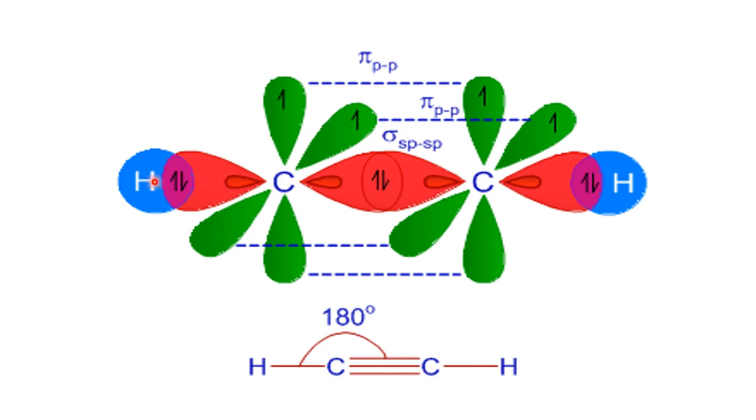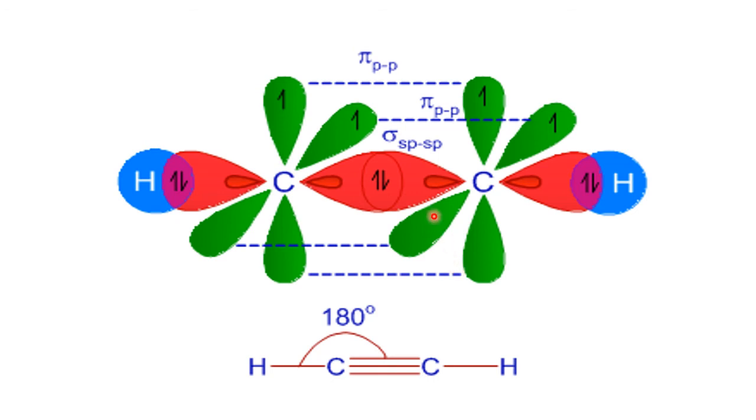This will go with one hydrogen on this side, and the lobe of the other carbon will go with the other hydrogen. So sigma bond, sigma bond, sigma bond straight away. But here the two unhybridized orbitals of this carbon and this carbon go for side overlap. This one with this one, and this one with this one. There is one electron in each orbital. So one above, one below, one bond is formed.